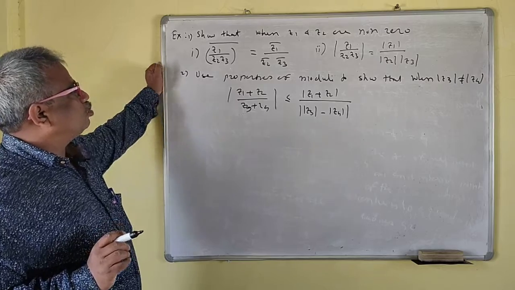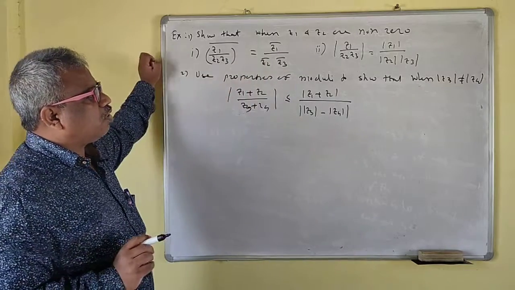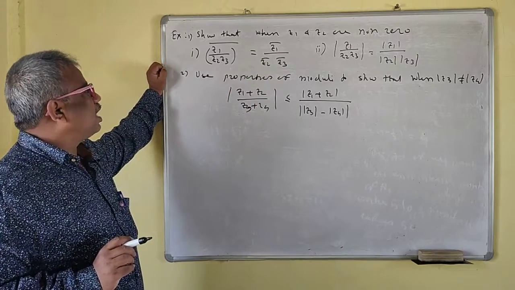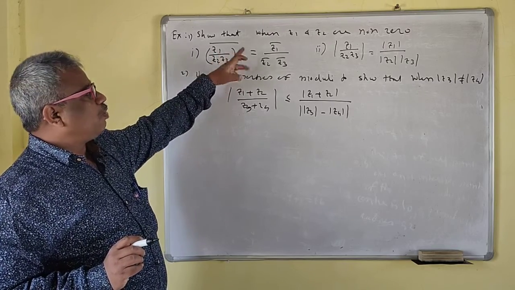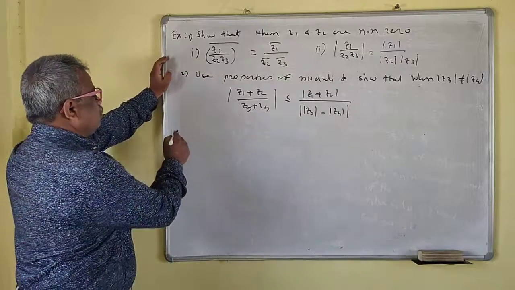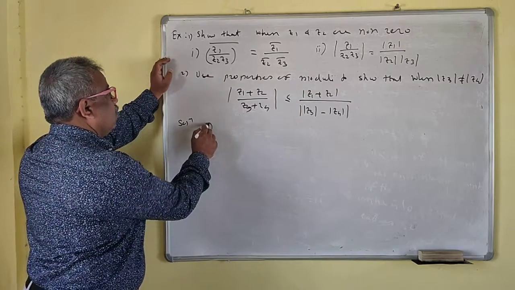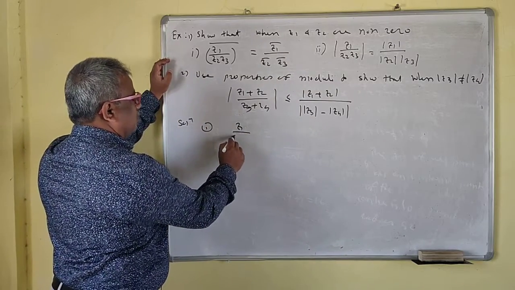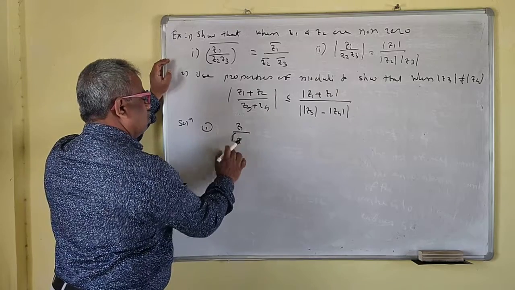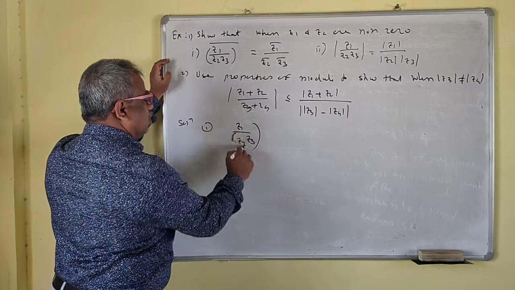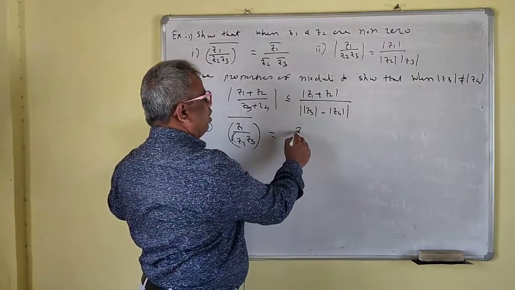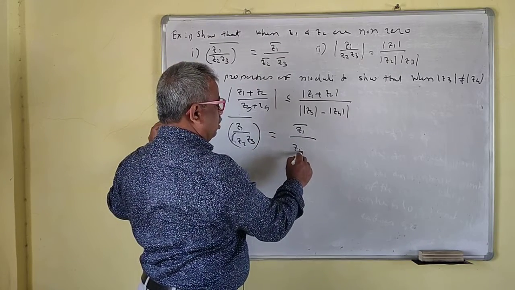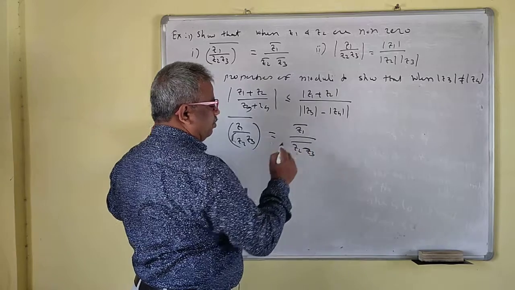Okay. So show that when Z1 and Z2 are non-zero complex numbers, then (Z1 upon Z2, Z3) whole bar is the same as Z1 bar upon Z2 bar, Z3 bar. So we saw the solution of the first one. This is nothing but Z1 bar upon Z2, Z3 whole bar, and we can write it as Z1 bar upon Z2 bar, Z3 bar, right?